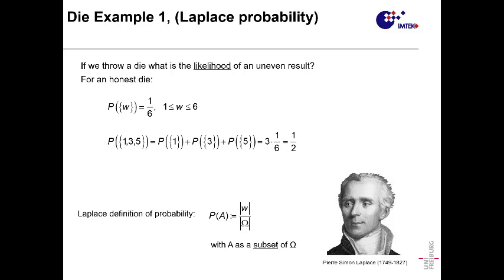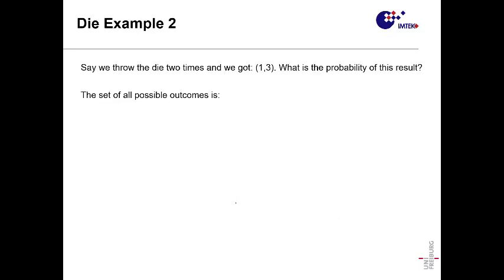I'm using this operator here because, if you remember from last class, this is the cardinal of a set, which means the number of elements of the subset. So that's what we're going to do from now on: ratios of possible combinations over all the possible combinations that could happen in the event.